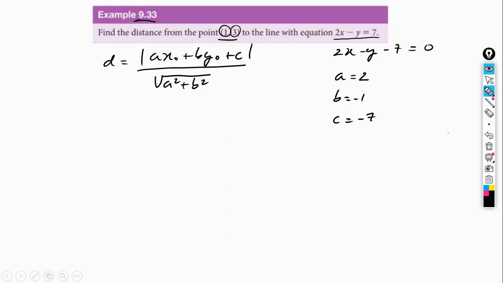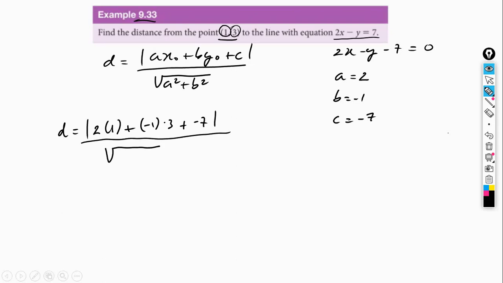So the distance is going to be equal to the absolute value of 2 times 1, plus b is negative 1, so negative 1 times 3, plus minus 7, and this over the square root of a squared, which is 4, plus b squared, which is 1. So in the end, we're going to get that the distance is 8 over square root of 5.